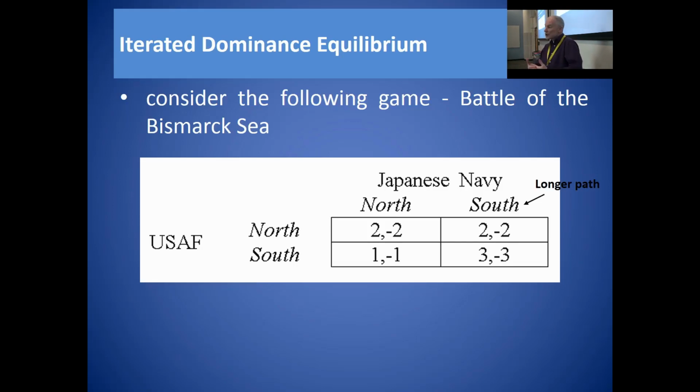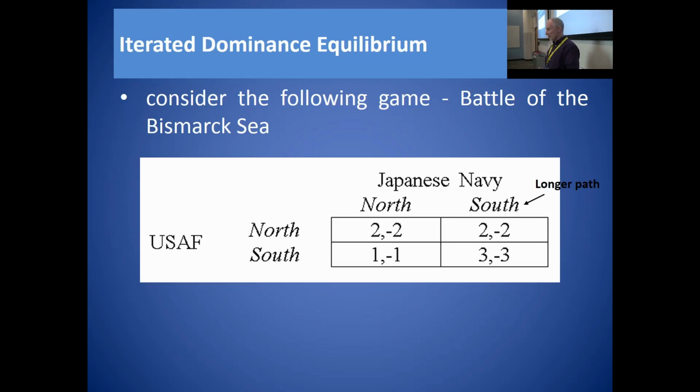It has less opportunity to bomb them and inflict damage than if it goes along the longer southern route, but it identifies them immediately. What also gives a payoff of 2, what's equally preferred, is if the US Air Force initially goes along the northern route, but the Japanese Navy goes along the longer southern path. So initially, it can't find the ships.